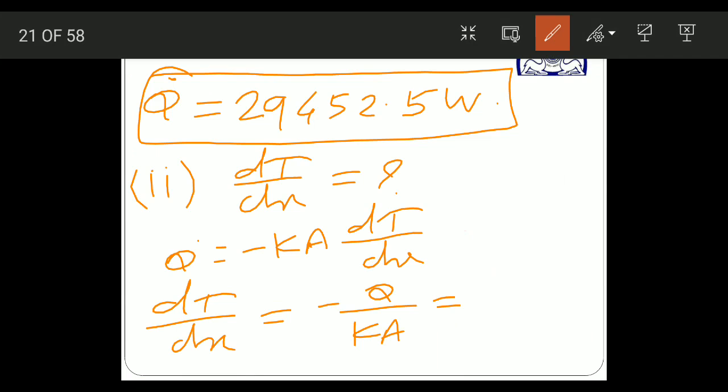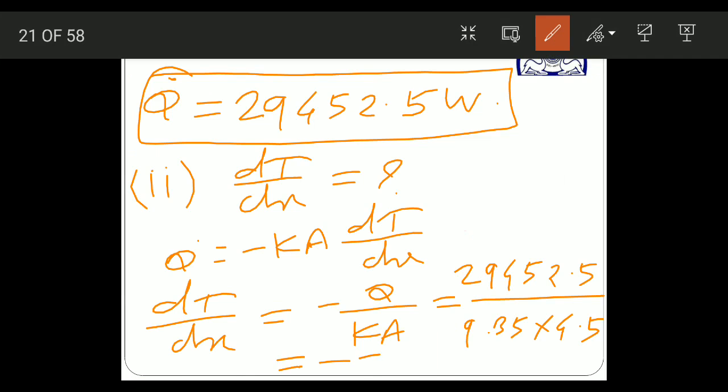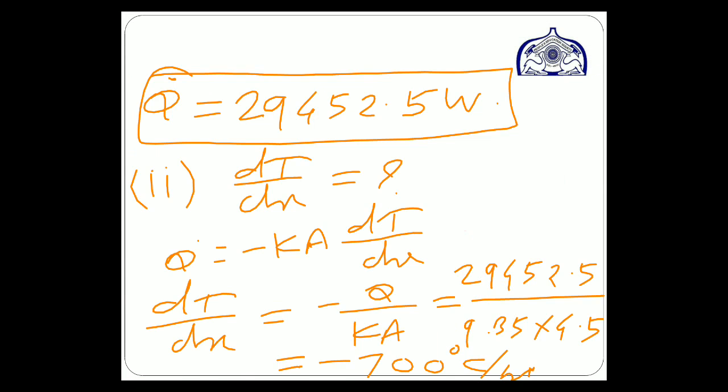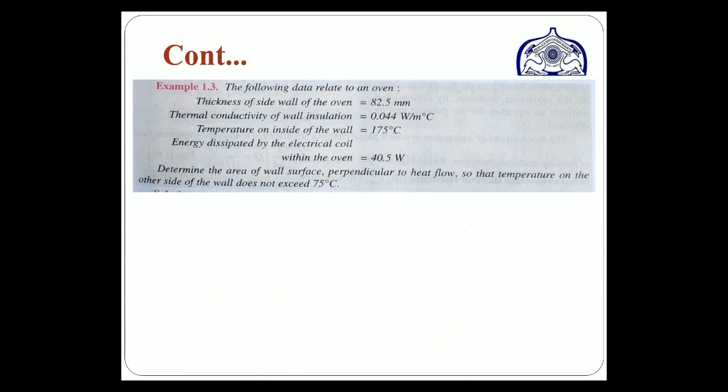Q we have just calculated, 29452.5 upon k is 9.35 into 4.5, and if you solve this, you will get the answer as minus 700 degrees Celsius per meter. So this is the value of temperature gradient along that plane wall. I hope you have understood this question also.